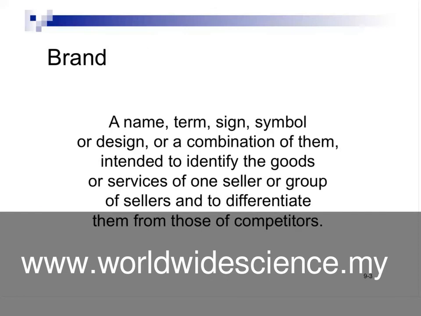So what is brand, basically? Brand is a name, term, sign, symbol, or design, or a combination of them, intended to identify the goods or services of one seller or group of sellers and to differentiate them from those of competitors. So it's like a name, basically. When somebody is born, they name the person a certain name, and the way that person lives his or her life is basically how they define that name.